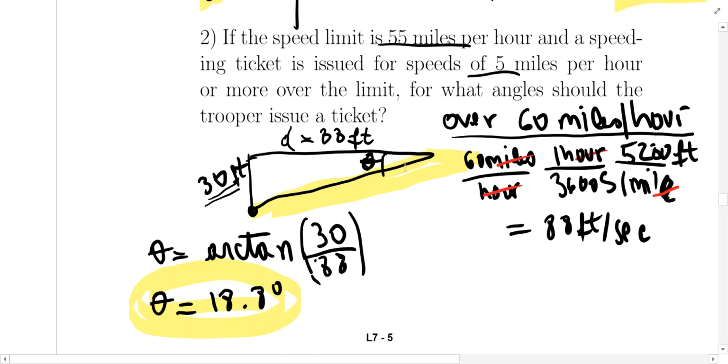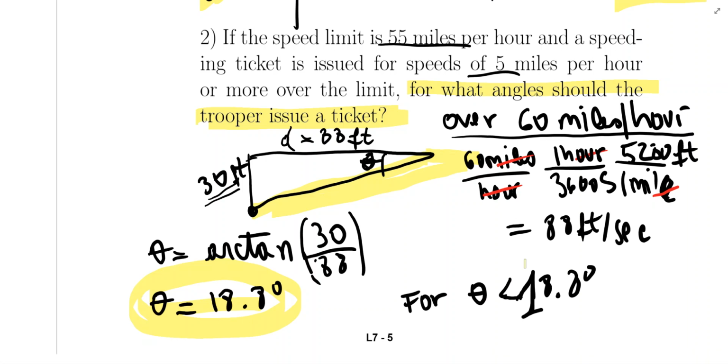So if the car is going faster, the angle is going to be smaller. So for what angles should the trooper issue a ticket? For theta less than 18.8 degrees. All right? That means that the car is going faster than 60 miles per hour.